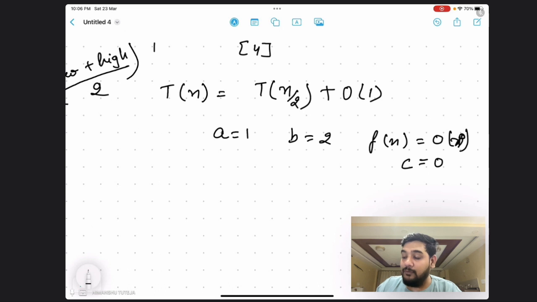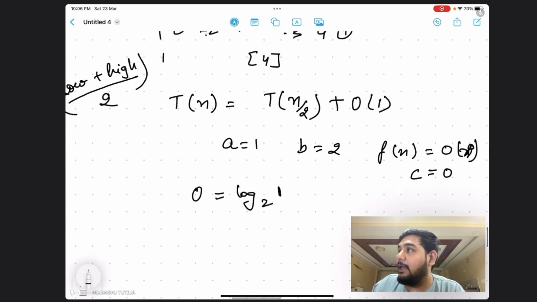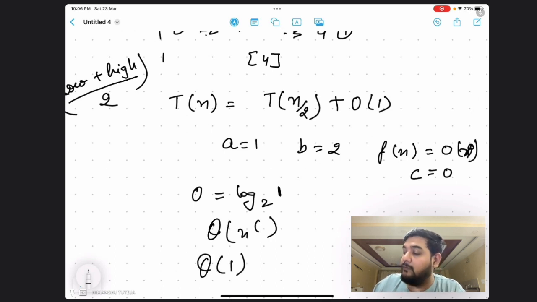Okay, so if you see right now, your solution will lie in the form of case 2. Why? Because C is 0, that will be log of B to the power 1, and this comes when the value of n is 0 in this particular case. So the complexity will be theta of n^c, and C is 0, so theta of 1.